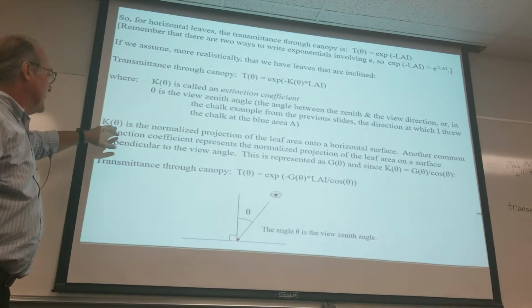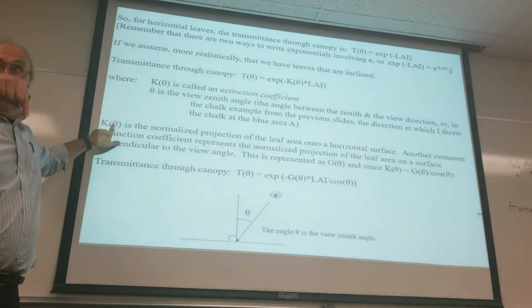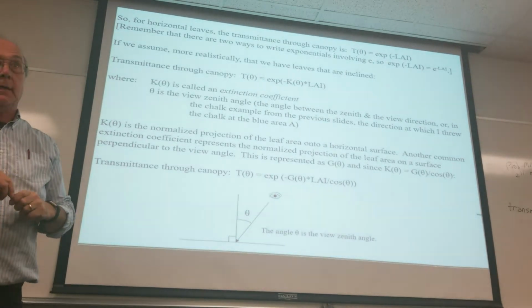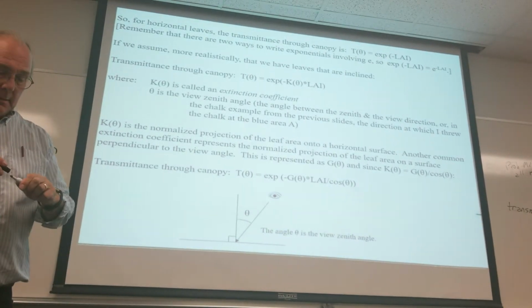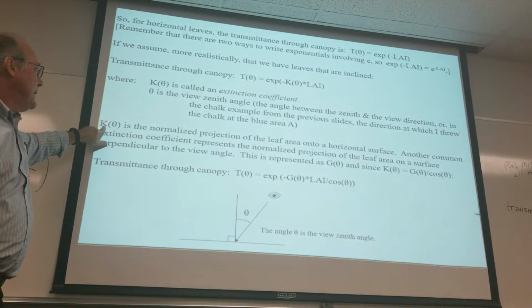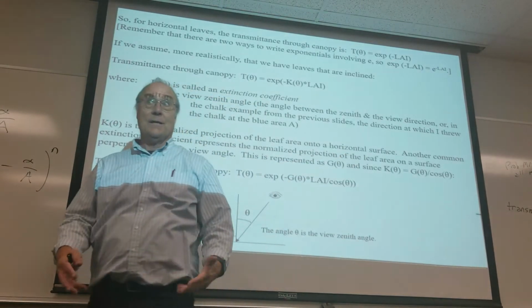Okay, so this extinction coefficient depends on that angle that we're looking through the canopy, or the sun is shining through the canopy, or I'm throwing my cap through the canopy. And K of theta is the normalized projection of the leaf area onto a horizontal surface.